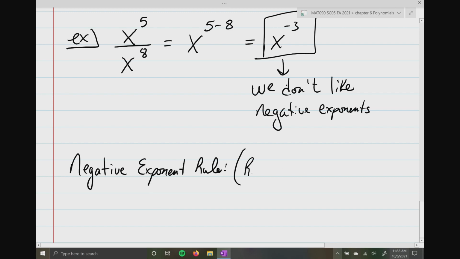Sometimes, depending on how old the professor is, and what I mean by that is the only person I ever heard give it this name was like 4,000 years old. I think they were there when they created the rule. It's called the reciprocal rule, and you're going to see why.